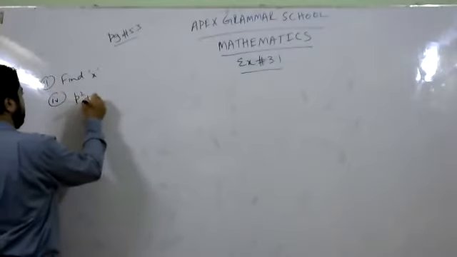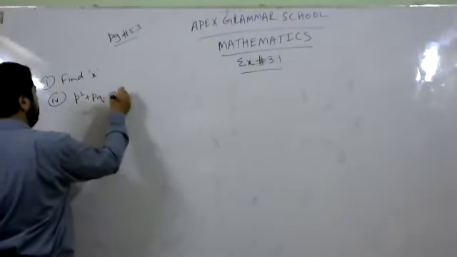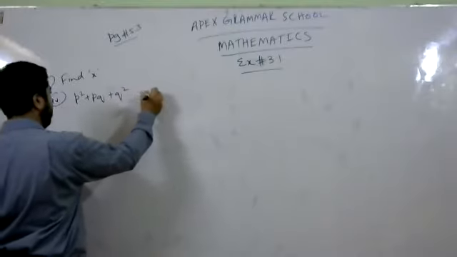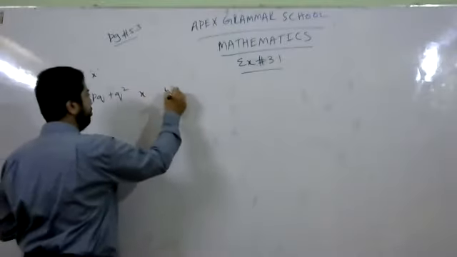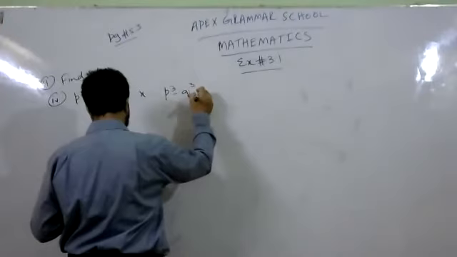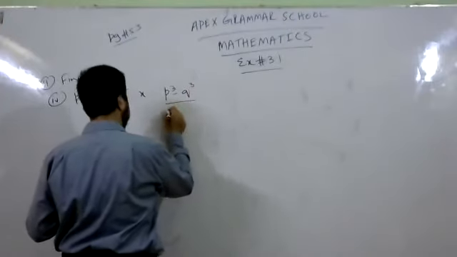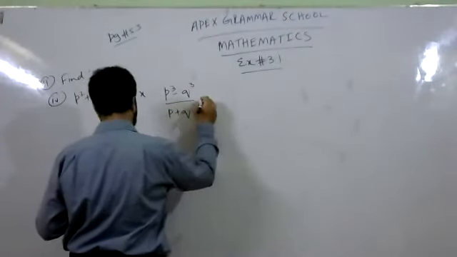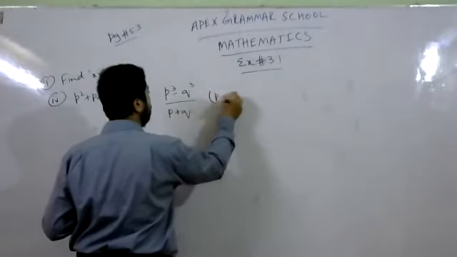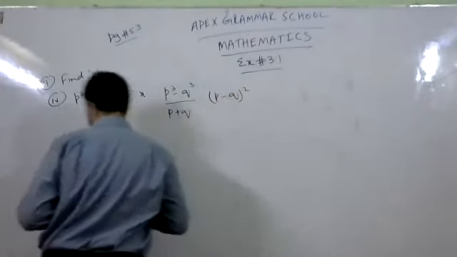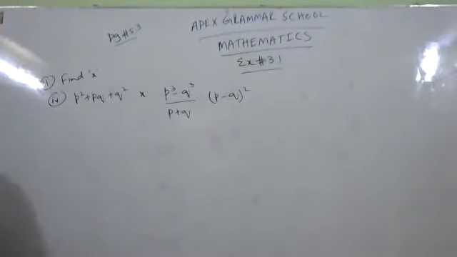P square plus PQ plus Q square ratio x proportion PQ minus Q square divided by P plus Q ratio P minus Q whole square. Again, it's the same thing.